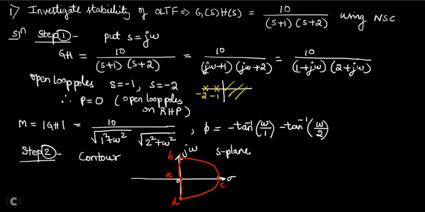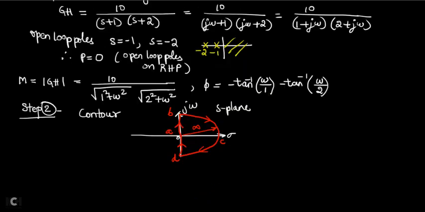And how did I start? A to B I started, right? I took it in the clockwise direction. So A to B, B to C, then C to D, and then D to A. You have to take the contour in the clockwise direction. And what is the radius of this contour? Infinity. Why infinity?